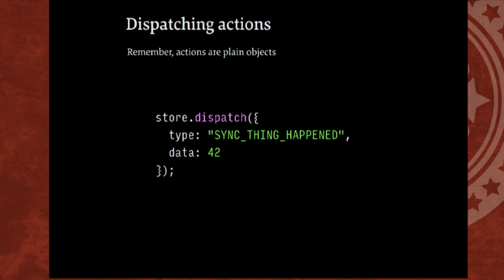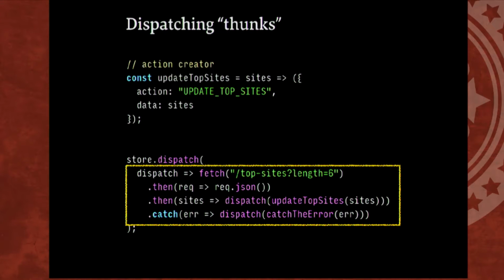That's fine. So as you know, Redux gives us the ability to dispatch actions, which through reducers can synchronously update our state. But what if we need to do something asynchronous, like go fetch top sites? So how many of you have heard of Redux Thunk? Like everyone, right? Okay, good. So you know what it is.